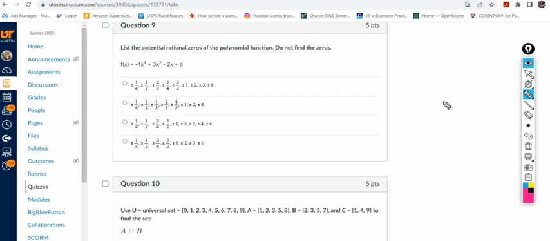P is going to be, I got them mixed up, and that is so easy to do. So all of my choices for P over Q, the factors of 6 are going to be 1, 2, 3, and 6. And the factors of -4 are going to be 1, 2, and 4.